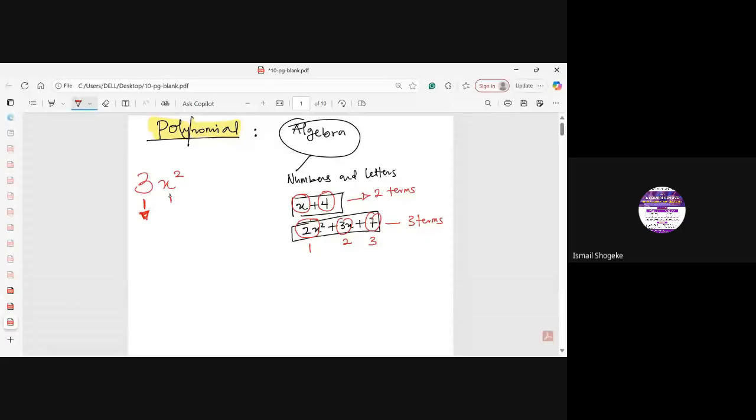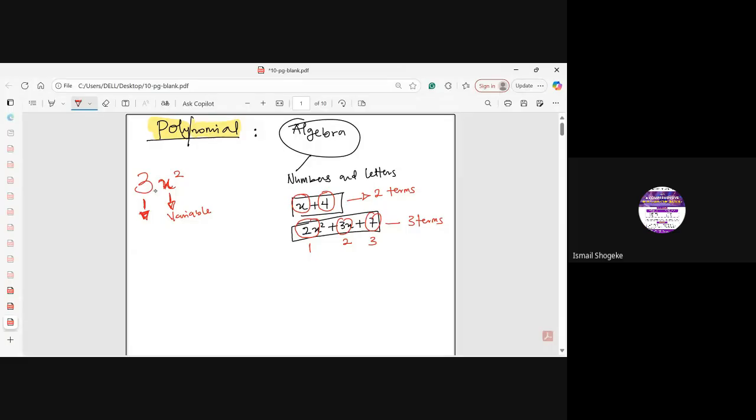This x here is the variable or the unknown or the letter. But let's stick to variable only. Variable means that what can enter into x varies. It can be anything. I can say x is 2, x is 5, x is 7, x is 3, x is 9.